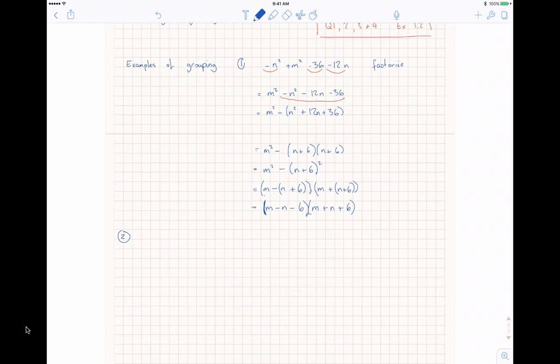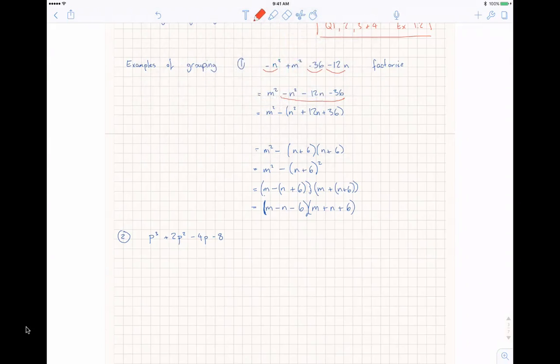So, a second example for grouping from the textbook. In this one, instead of grouping 3 and 1 like we did in the previous example, we're going to group 2 and 2.